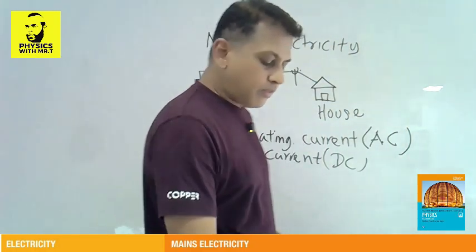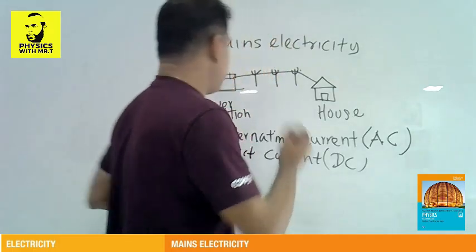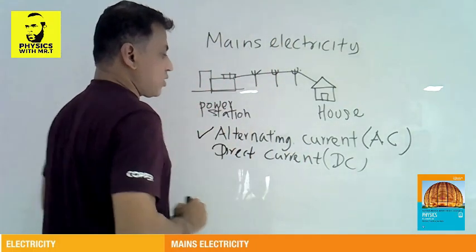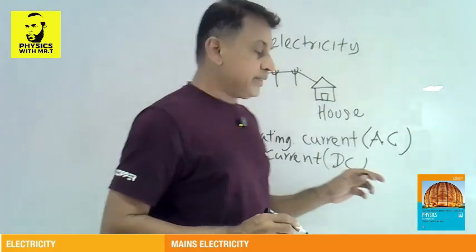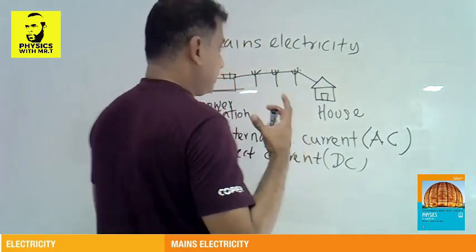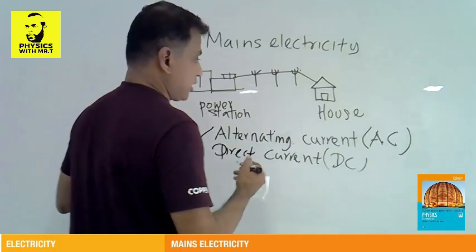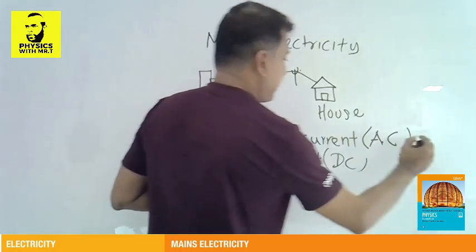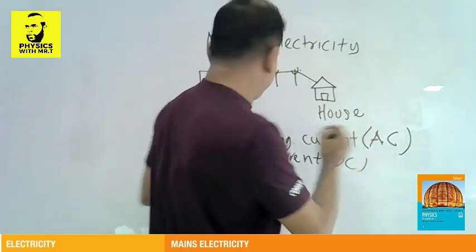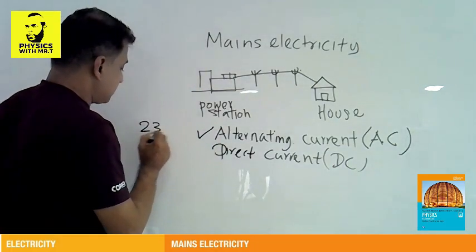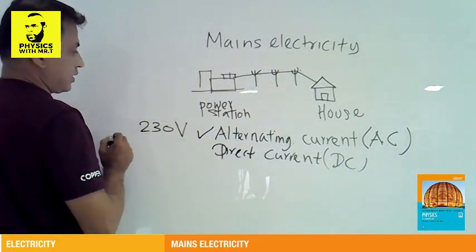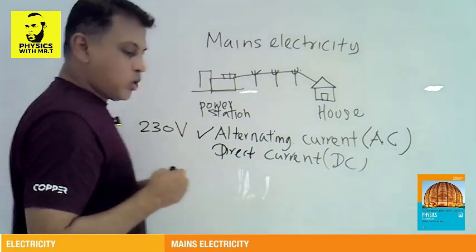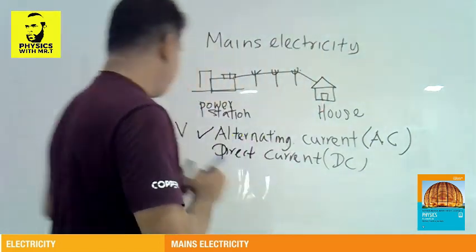So we get mains electricity as alternating current, and the voltage of this is usually 230 volts.